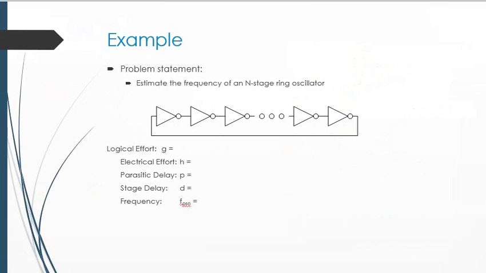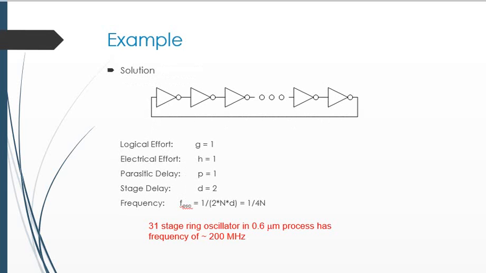Let's move toward the example. Our problem states: estimate the frequency of the n-stage ring oscillator. To find the frequency, we need to find some basic parameters, including the logical effort, electrical effort, parasitic delay, and stage delay. How will we calculate it? We get it through this.